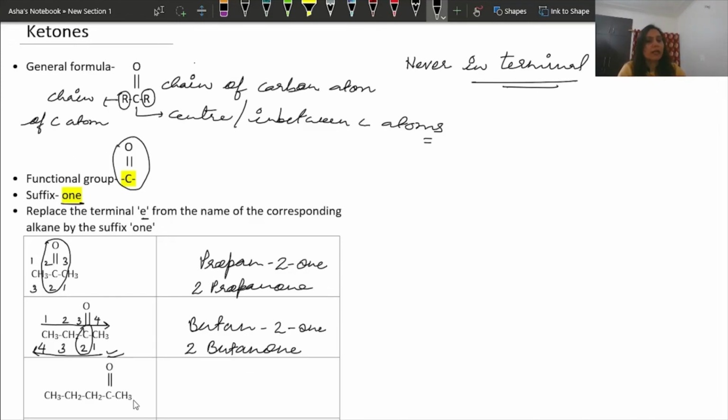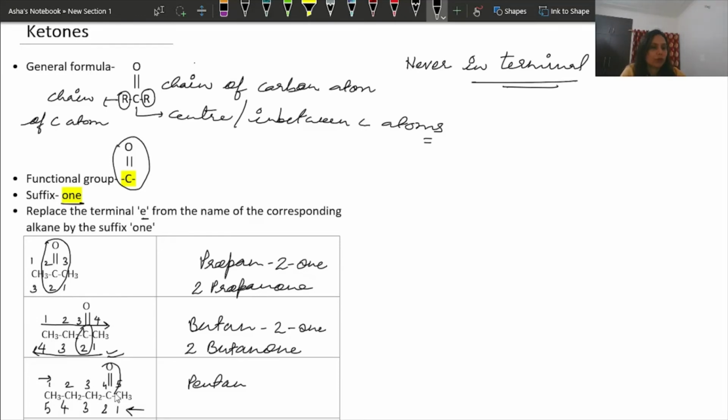Now in our next example, there are carbons 1 2 3 4 5, in total 5 carbons. This is back to front numbering; from front to back, first carbon, second carbon, third carbon, fourth carbon, fifth carbon. So there are 5 carbons, so it will become pent, and it is an alkane, so an, but you are not going to write E. Instead of that, you will be mentioning one, depending upon the position of the ketone group.